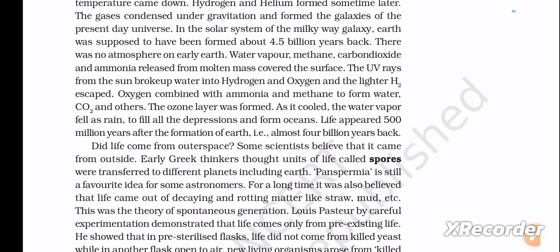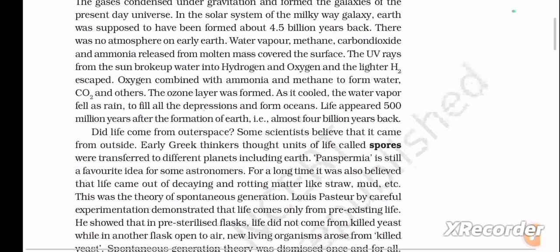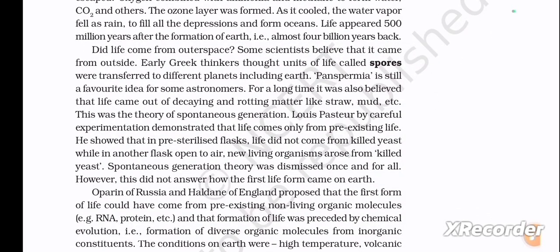For a long time, it was also believed that life came out of decaying and rotting matter like straw, mud, etc. This was a theory of spontaneous generation. Louis Pasteur, by careful experimentation, demonstrated that life comes only from pre-existing life.